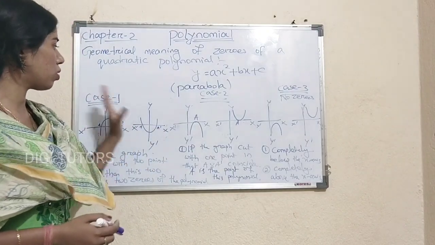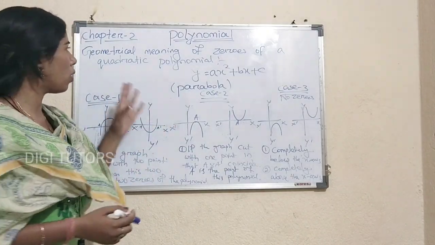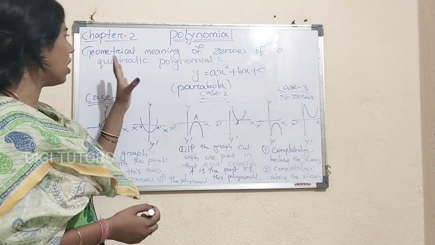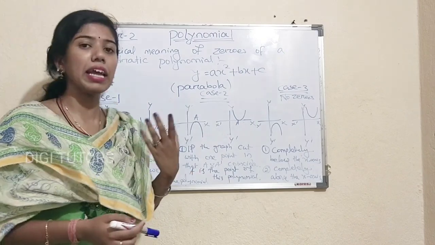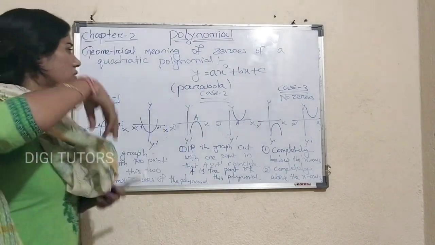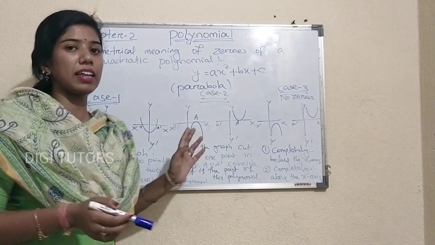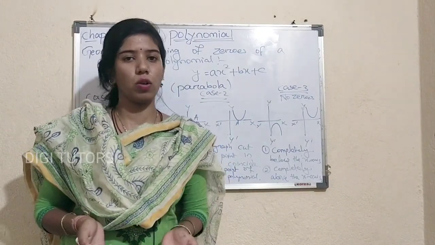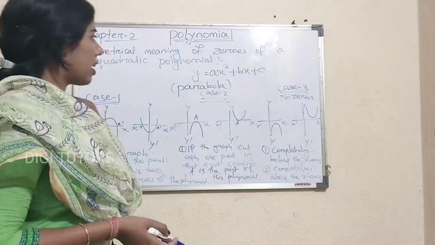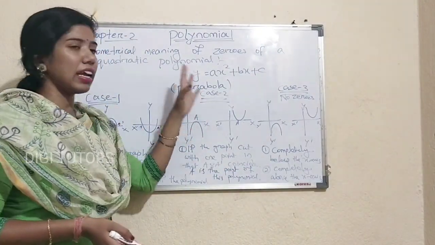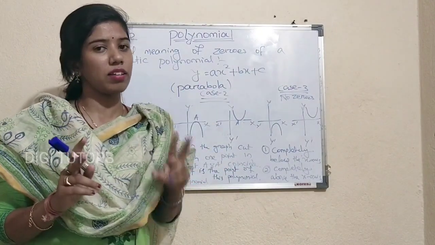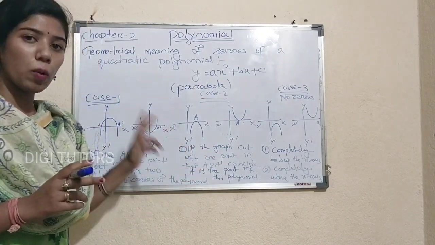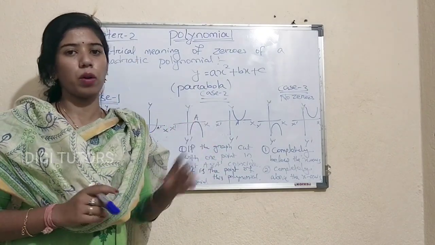Geometrically, the zeros are 2 distinct points, 2 equal points, or no zeros. Since the degree is 2, we have at most 2 points, and we call those points the zeros of this polynomial.